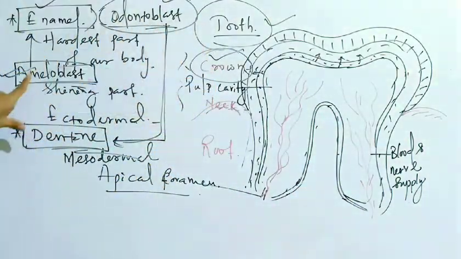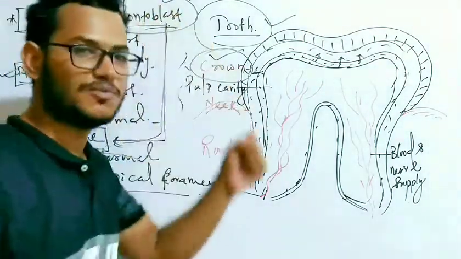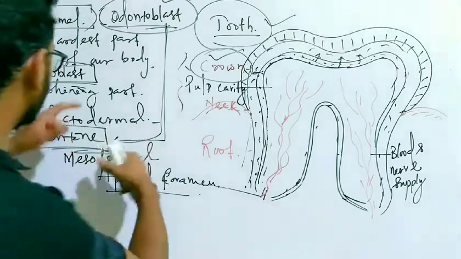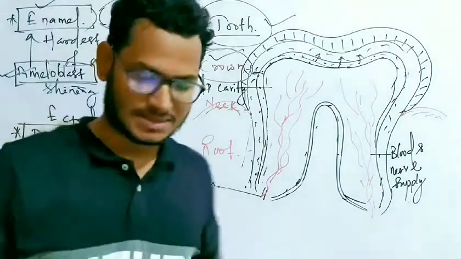So remember, ameloblast are the cells that help in the secretion of enamel, and odontoblast help in the secretion of the dentine. Okay, so dentine is mesodermal in origin, whereas enamel is ectodermal in origin.